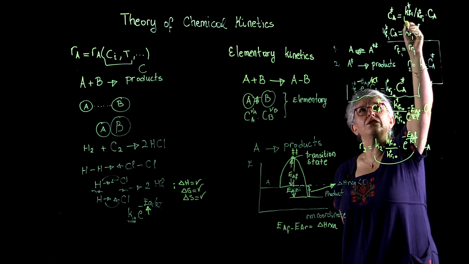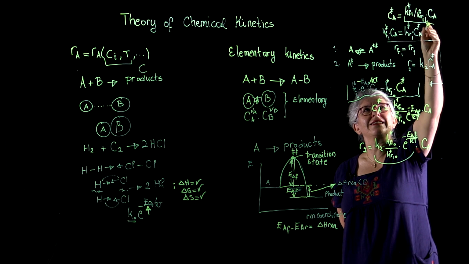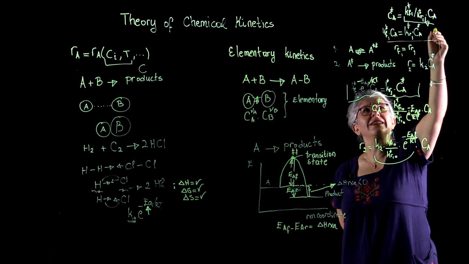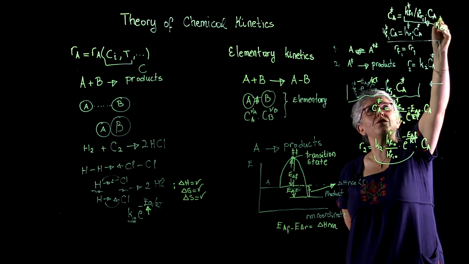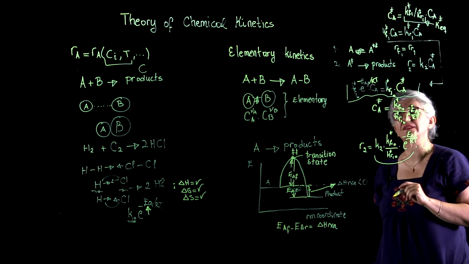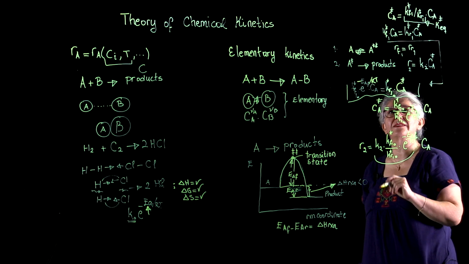Now our notion of chemistry dictates that we take this as the equilibrium constant of forming the transition state, the activated complex, from the reactant A.